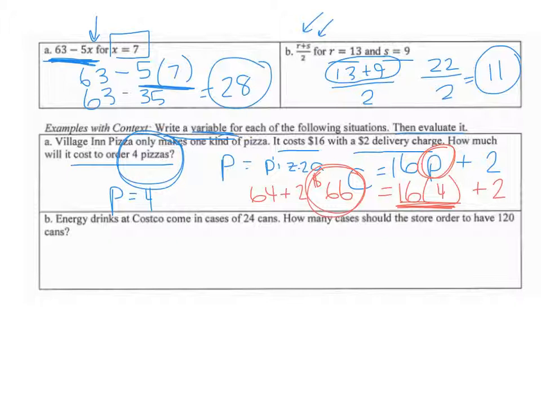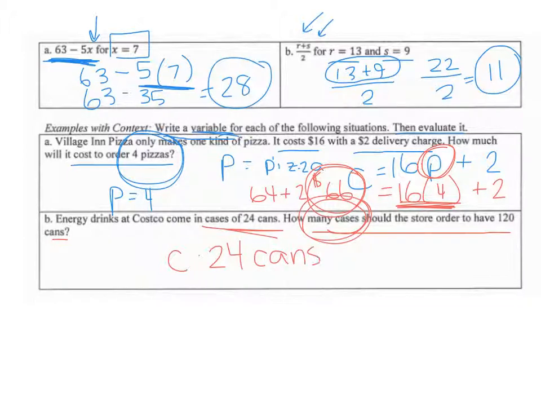And the last one, energy drinks at Costco come in cases of 24 cans. How many cases should the store order to have 120 cans? So the number of cases is our variable, times 24 cans. So 1 case is 24 cans, 2 cases is 48 cans, 3 cases is 72 cans.